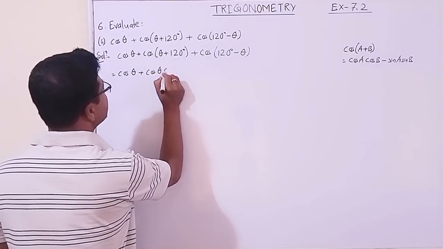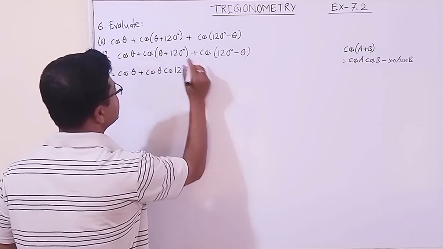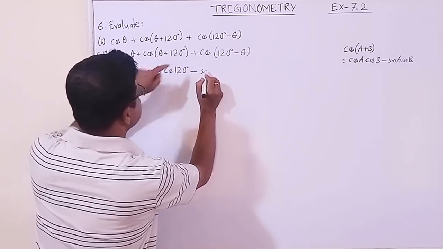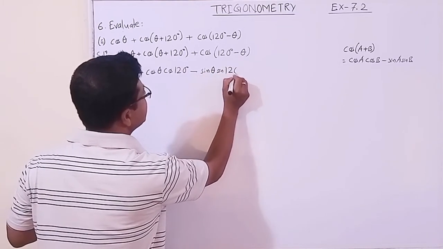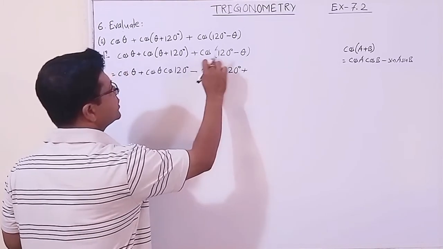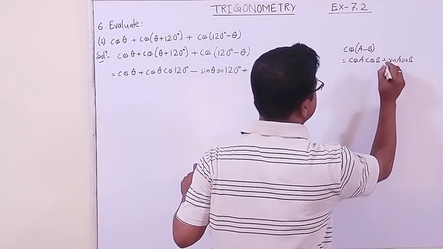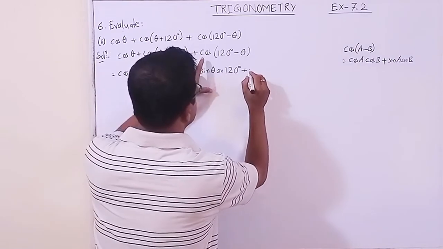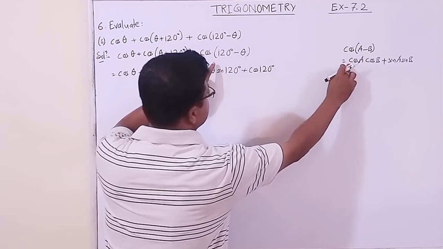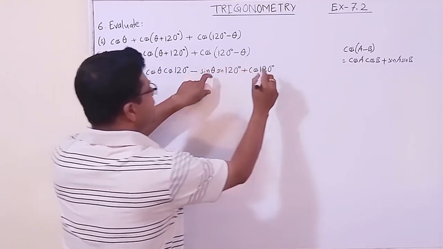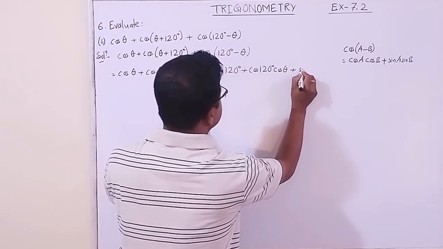Cos A cos B, then minus sin A sin B. This is A and this is B. Plus again this cos A minus B. Cos A minus B, it will be plus. So this is cos A cos B, then plus sin A sin B.